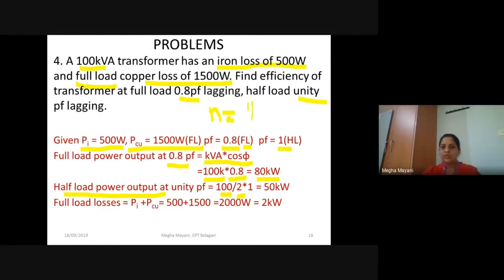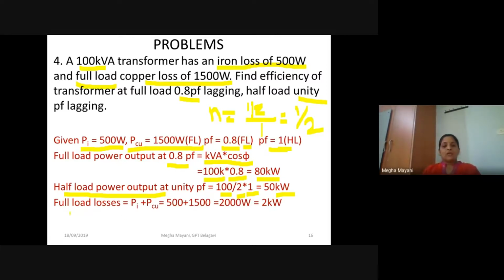The actual load is now 1 by 2, half, and full load can be considered 1. So we get 1 by 2 as the value for N. That N value is substituted here and multiplied by the power factor, which under half load is 1. We get the output power under half load condition to be 50 kilowatts.